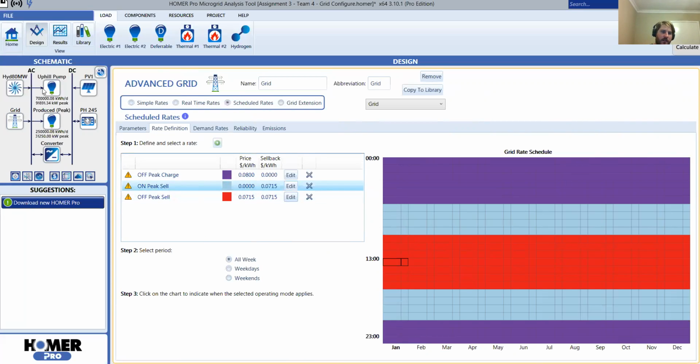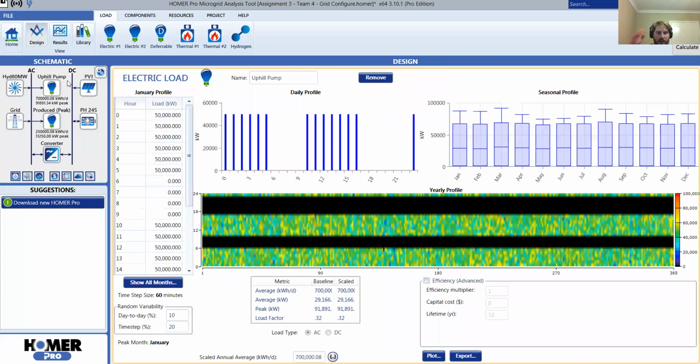All right, so the next one is one of our loads. The load to pump the water uphill. This is what's needed every day. I'm not really sure how this is done in the costing, but I've just put it in there.